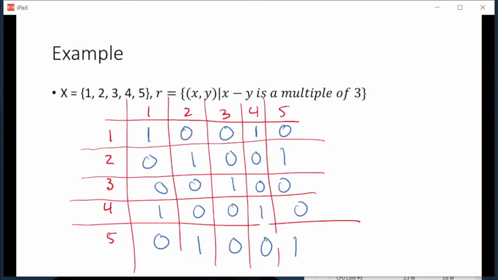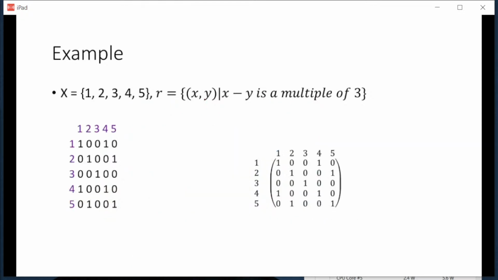Here's a better rendition of this right here. And then over there, I have the matrix represented. So this is kind of an array. And the matrix itself, I've got the indices, if you will, written above and to the side, but those indices are not part of the matrix. The matrix itself is the stuff without those indices.